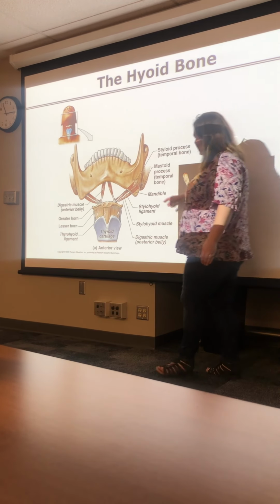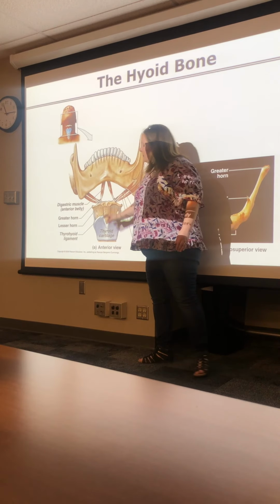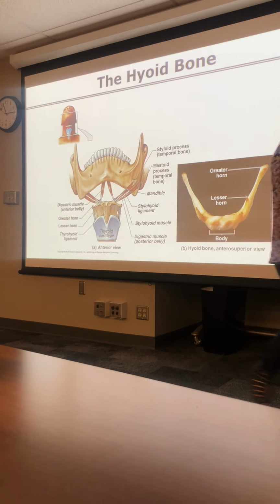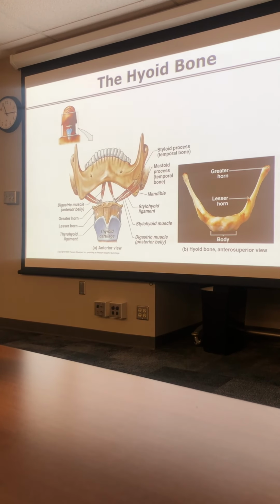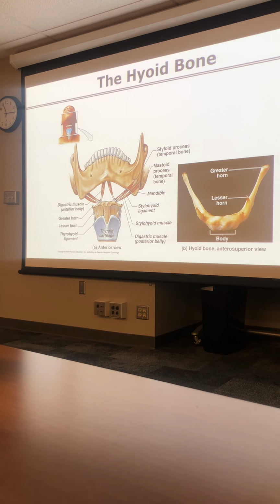You can see the styloid process is going to be up in this area. It's going to be suspended from the styloid process of the temporal bone by the styloid ligaments as well as muscles. Located in the anterior portion of the neck between the mandible and the larynx. It serves as an attachment point for several muscles that are involved with things like the tongue, the neck, the larynx, the pharynx.